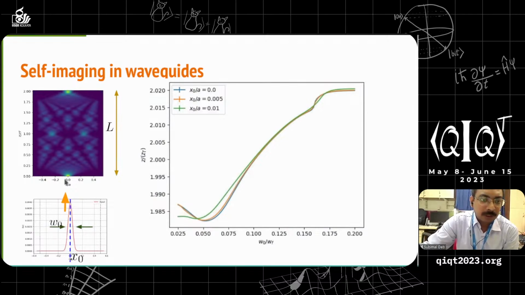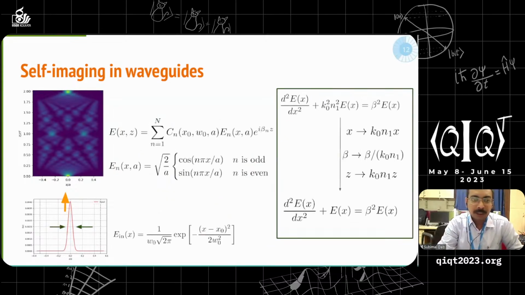So now comes the question of, how do we find out the self-imaging distance? If you have looked at the previous expression, we find out Ez, the field profile at a distance z. One can have an analytical expression for Cn. I didn't write it here to cram the slides with a lot of mathematics, but it can be very easily calculated.